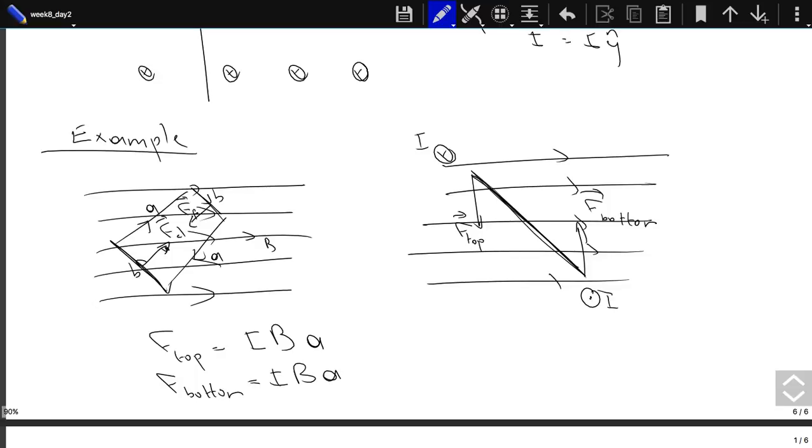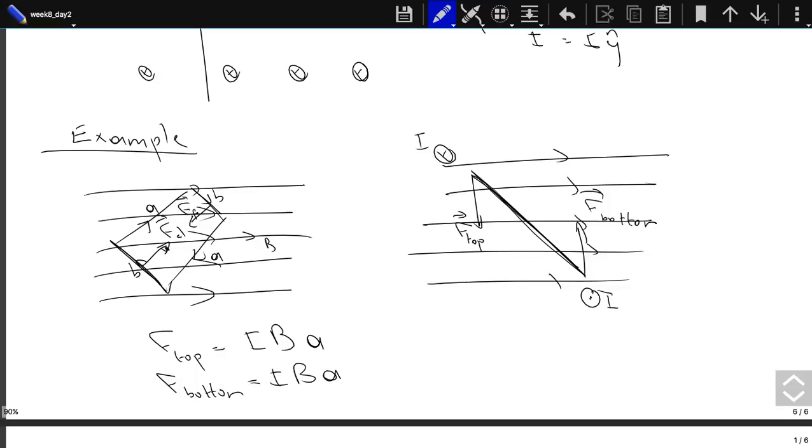The forces on these sides don't create any torque because they are pointing straight head-on in opposite directions. So they will be passing through the center of mass, so they don't create any torque with respect to the center of mass. Whereas the forces acting on the top and the bottom will create some net torque with respect to the center of mass.